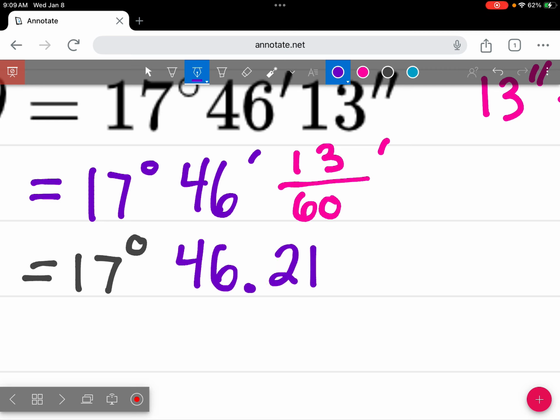I'm going to take 4 decimal places. 0.2167 minutes. So we've gotten rid of the seconds entirely.